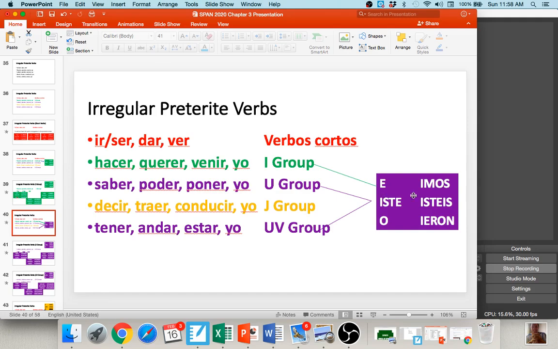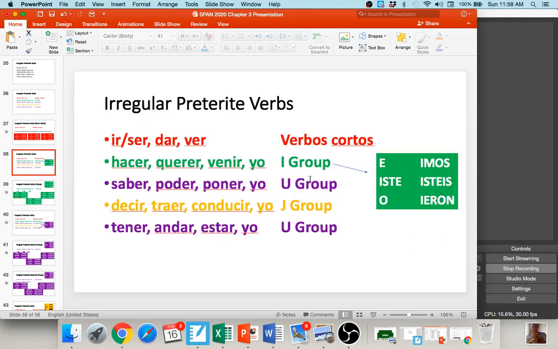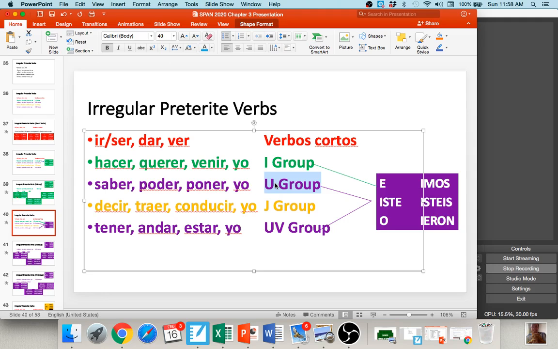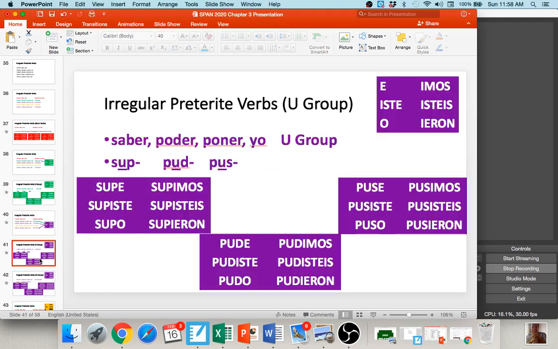These verbs also share the same set of endings from the I group, iste, o, imos, isteis, ieron, and they have changes in the stem. In this line, we have a change to just a U, whereas in the bottom line, we have a change to UV. So, for example, saber becomes sup, poder becomes pud, and poner becomes pus.